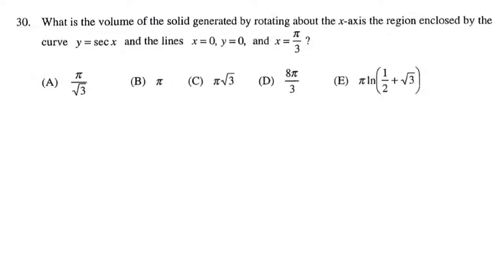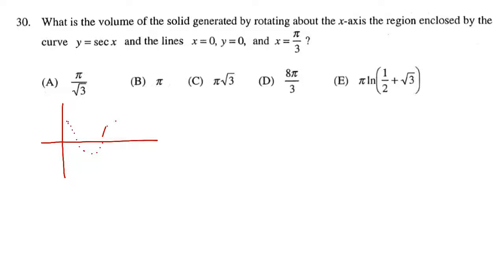Okay, number 30, we're trying to find the volume by rotating our solid figure about the x-axis. And our curve that we're looking at is y equals secant x. Now, we need to do a sketch, and cosine does something like this, and then secant is going to be sitting on top of this.